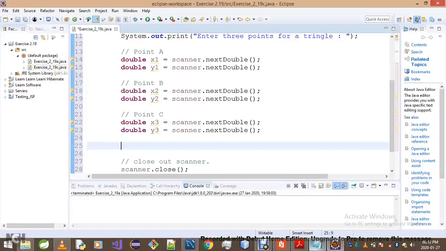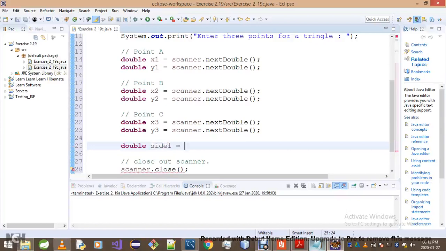So how do we go about doing that? Of course, one of the things that I would recommend people to do is to use a descriptive name such as side, just like this.